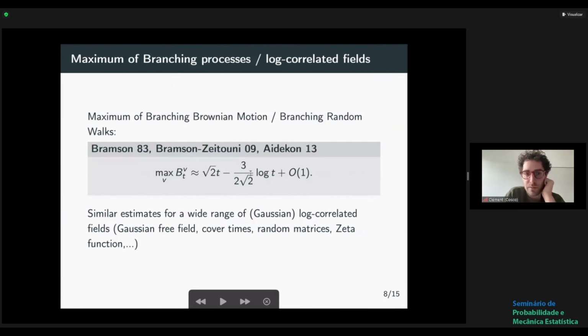Why am I talking about branching random walks? Branching random walks is just you take random walks, or Brownian motions, and they branch at a certain rate, and you're interested in how far the last particle is.